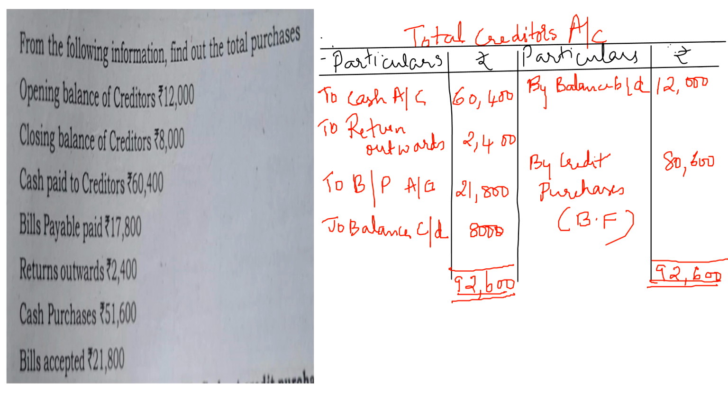Okay. Now the question here is to find out the total purchases. So you have one more step here, that is finding out the total purchases. So now the total purchases, as I told you, there is a formula.